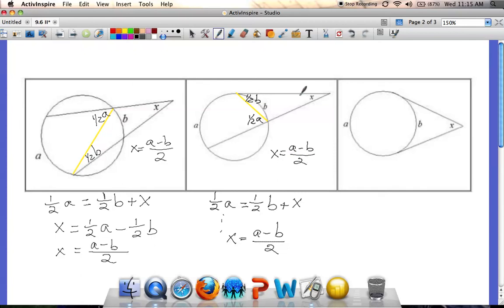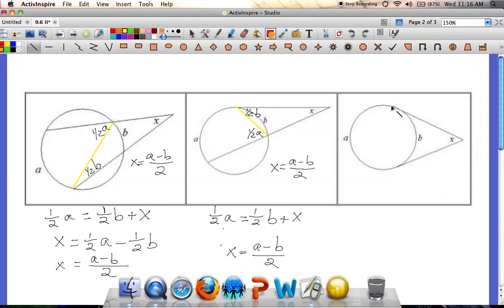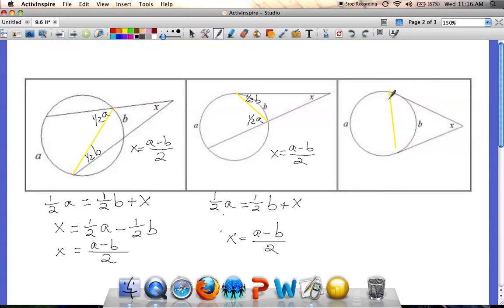So that is the relationship of an angle on the outside of a circle, and it's formed between a secant and a tangent. This last one is 2 tangents. So we will put the chord here, and remembering that the angle here is 1/2 B, and the angle here is 1/2 B. And we know that this all has to add up to 180, so x plus 1/2 B plus another 1/2 B has to equal 180 degrees.